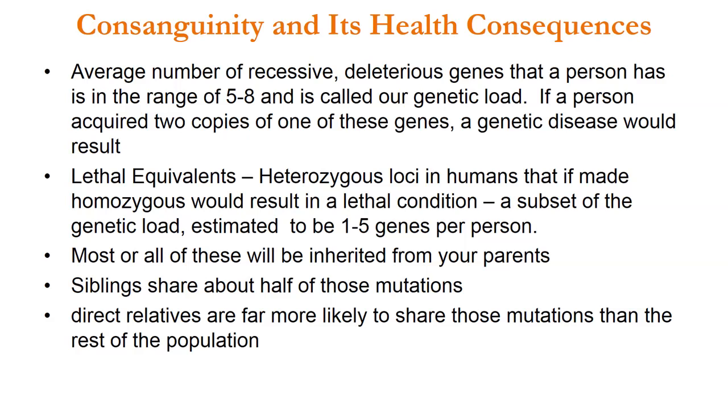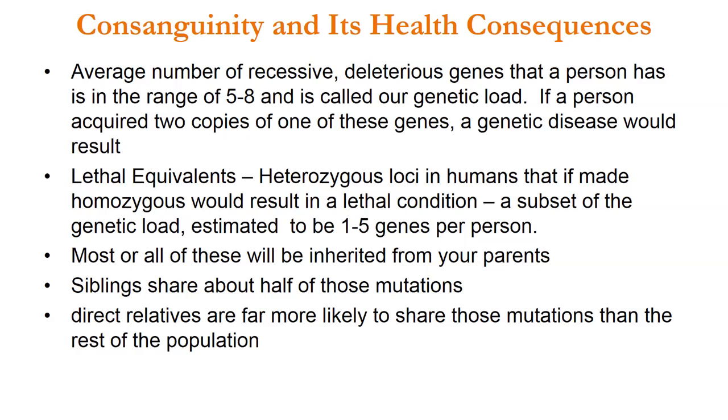So all of us, in all likelihood, have some genes in there that if you had 2 copies of it, it would cause a genetic disease. In some cases, the genetic disease could be lethal, and that would be called lethal equivalence. It's estimated an individual contains somewhere between 1 and 5, and you don't have to memorize those numbers.